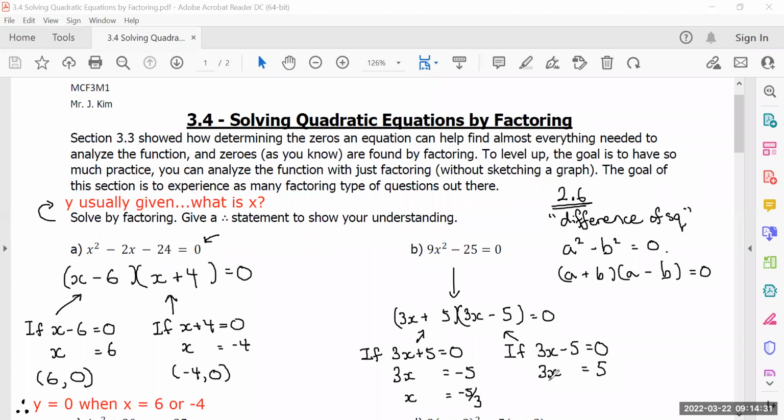And now let's get x all alone. Divide both sides by 3, and I have 5 over 3. So therefore, if my y value is a 0, I can get this by having my x value as negative 5 over 3 or positive 5 over 3.